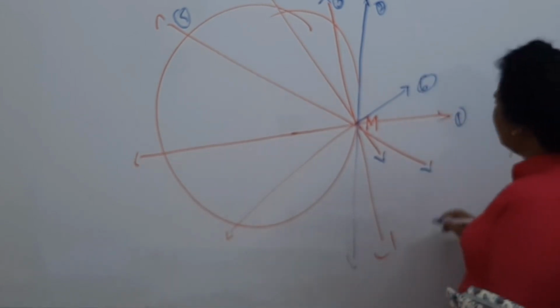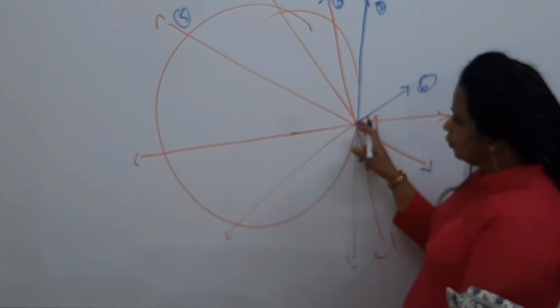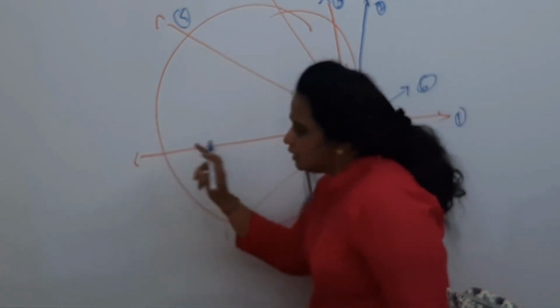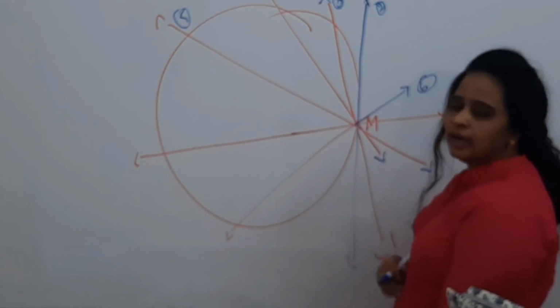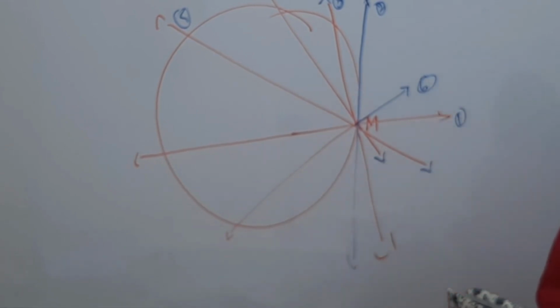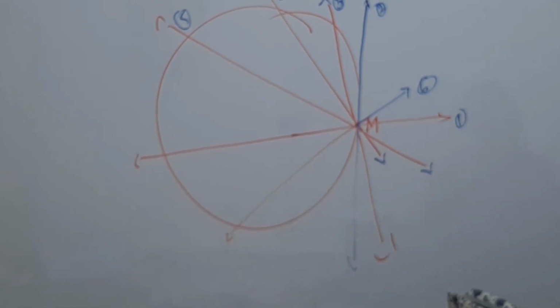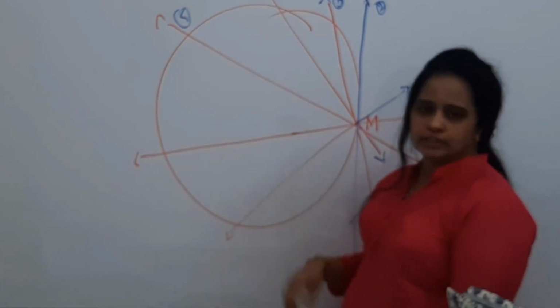Correct. Now you must check the number 1 line. This line passes through M, but when it is extended, it touches the circle and passes through another point of the circle. Now you can check line number 3, that also passes through 2 points. And you can see any other lines 4, 5, 6, all these lines are passing through 2 points.